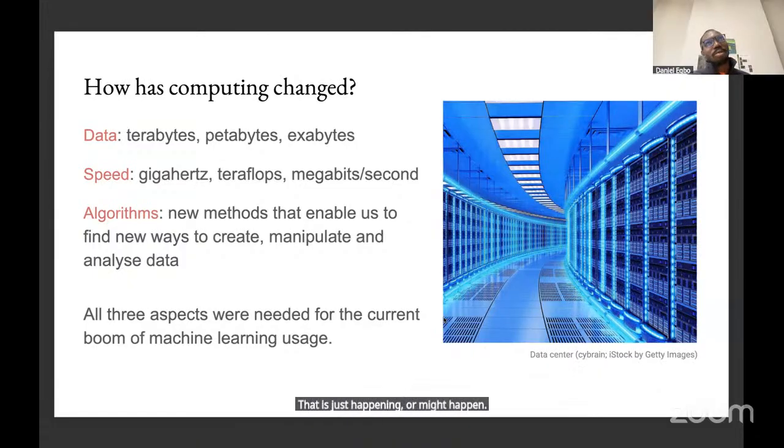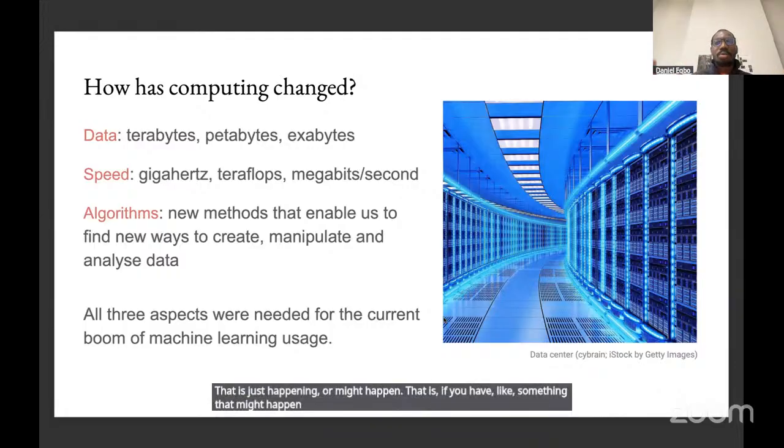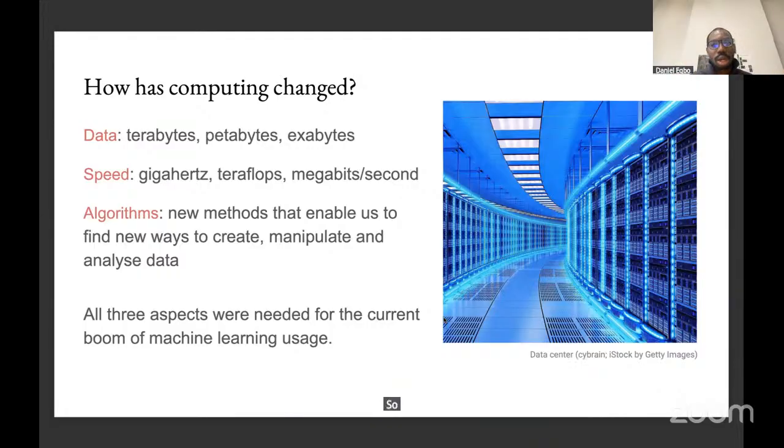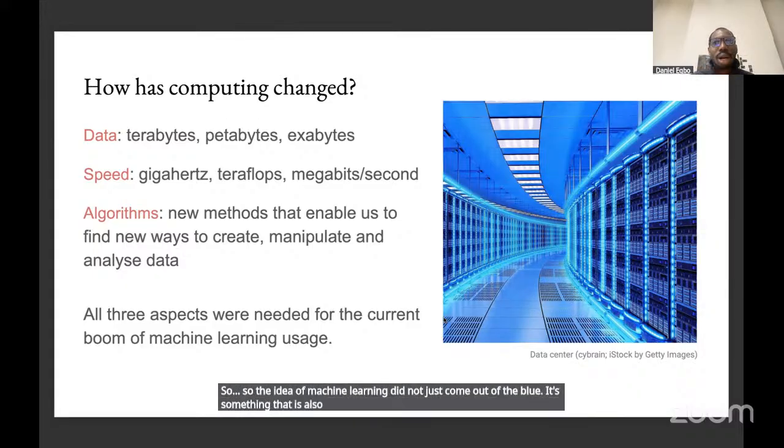If it is something that might happen in the future, you call it forecasting. So the idea of machine learning did not just come out of the blue. It happened as a result of the development in computer science, computing infrastructure, and the tons of data that we've been able to develop.